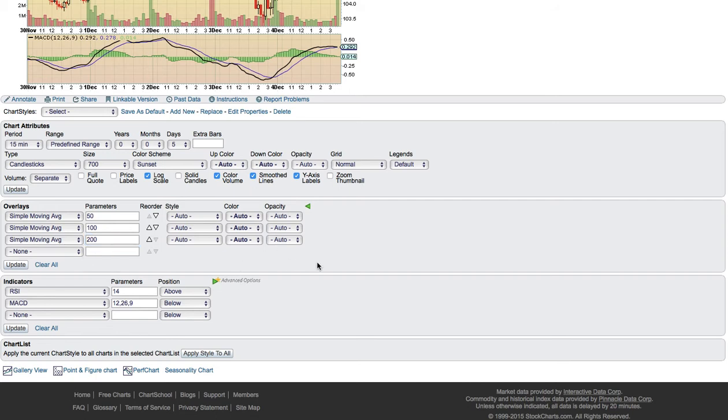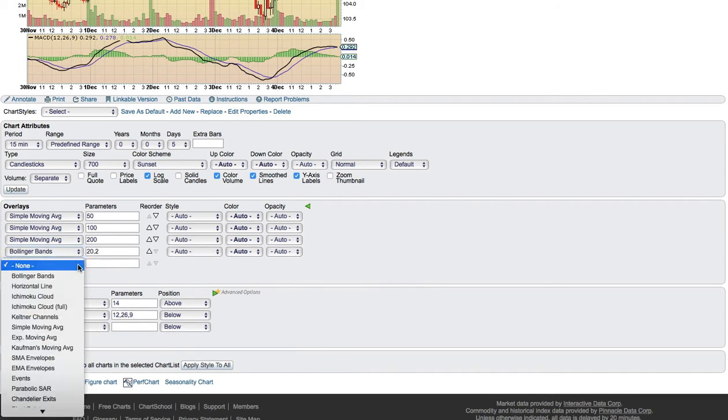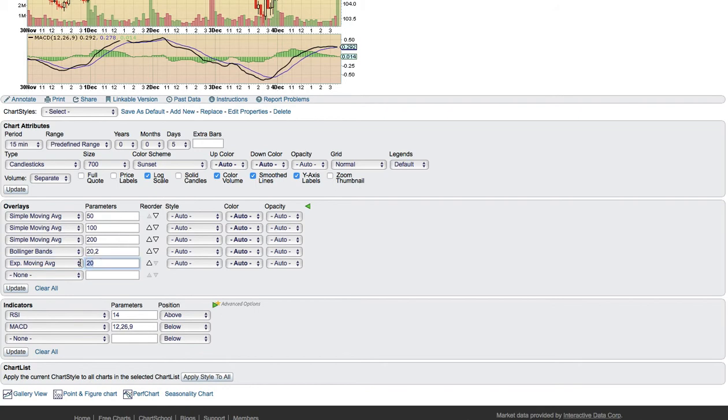Like I said in the last video, this is how you can set it up to keep it basic, so that you can do it with a free chart membership, because you can do 3 like that if you're a non-subscriber just checking it out for free. If you are paying for a subscription, you can keep adding more. You could throw the Bollinger Bands in there, or your exponential moving averages, 4 and 8.